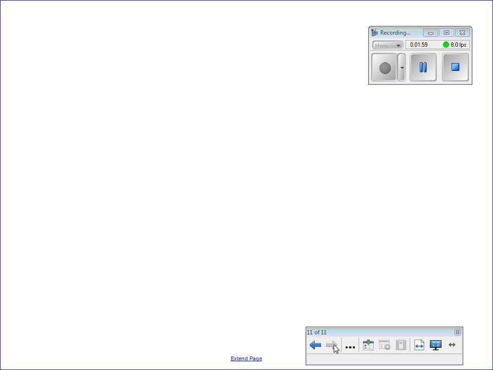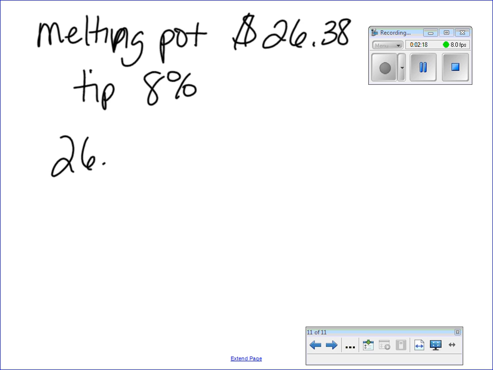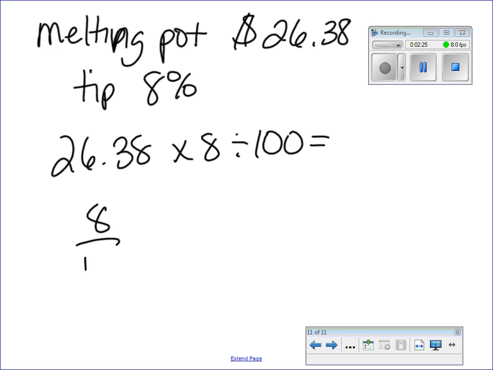Let's do one more. Let's say I went out to dinner to the Melting Pot, and I spent $26.38 on a pizza. And I want to leave a tip of 8%. So we do 26.38 times 8 divided by 100, or 8 over 100 equals x over 26.38.